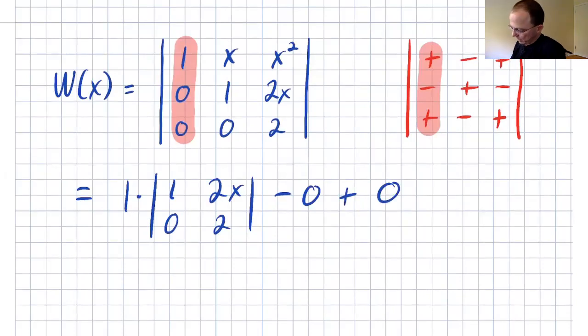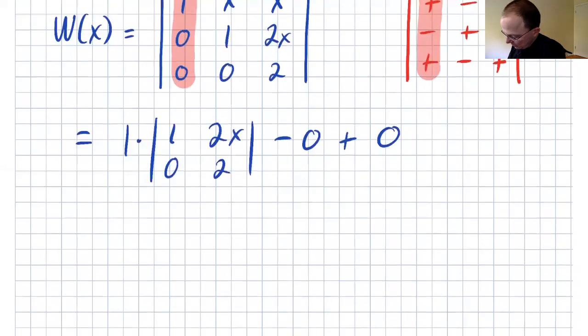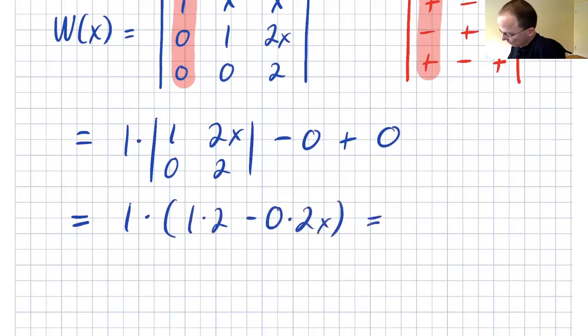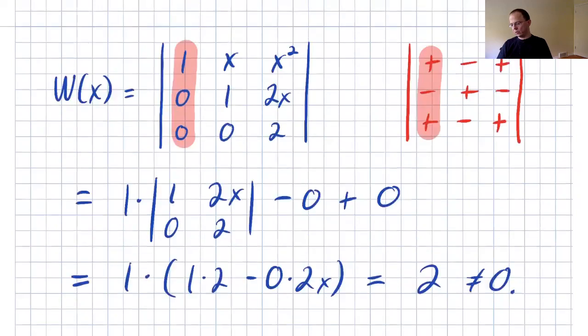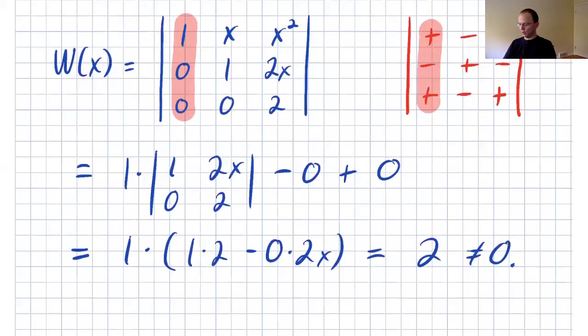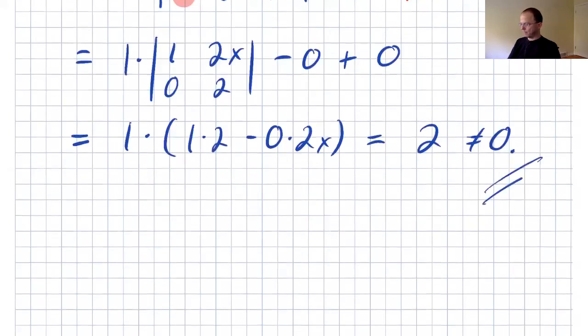We don't have to compute as many determinants, and we end up getting 1 times 2 minus 0 times 2x, and that is 2. So it's an easier way to do it: look for a row or column that has a lot of zeros in it, and then your life is a lot easier.